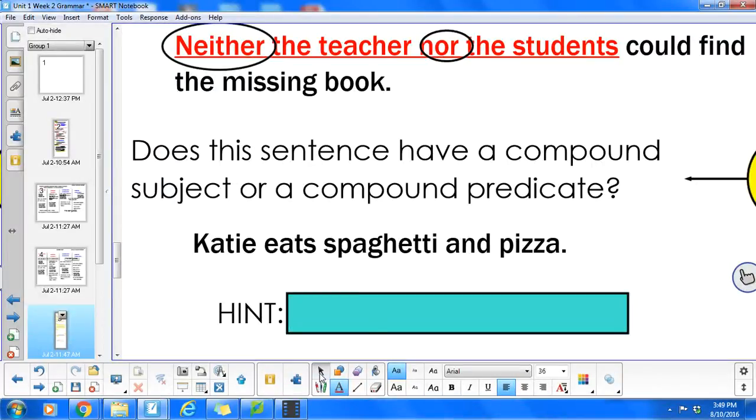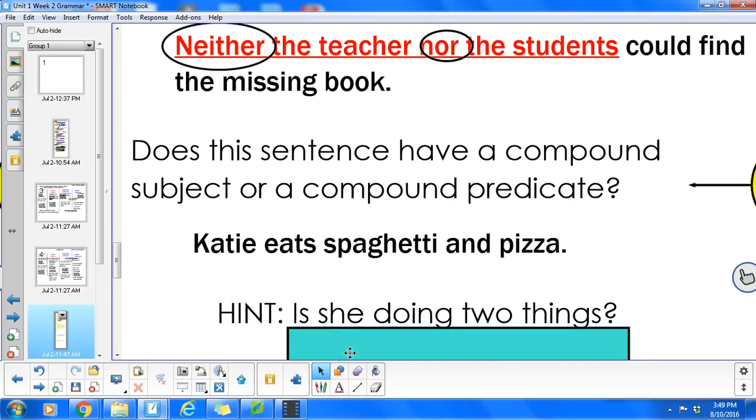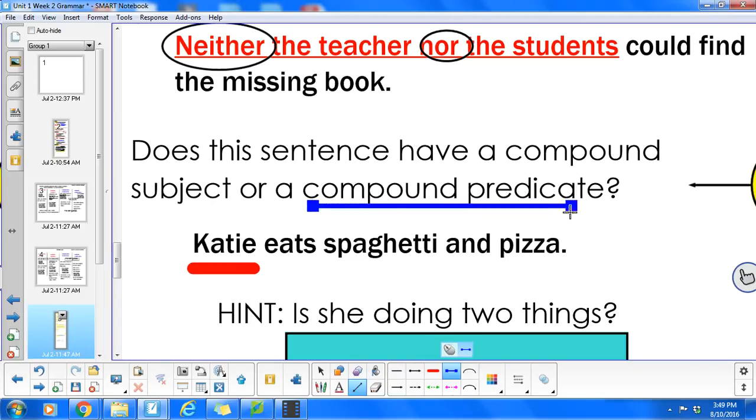Does this sentence have a compound subject or a compound predicate? Katie eats spaghetti and pizza. Well, let's read the hint. Okay, well, we have one subject here. I see Katie, so it's not a compound subject. To be a compound predicate, she has to do two things.